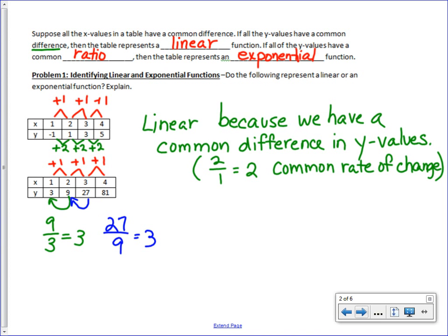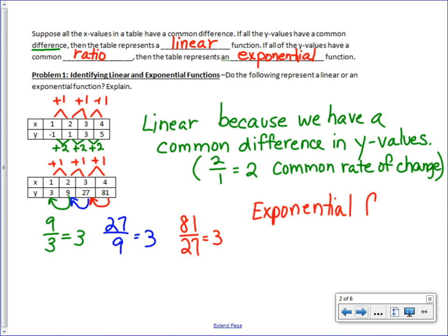All right, and just to verify, we're going to take our next ratio, which is 81 divided by 27, and that is equal to 3. So because we have a common ratio, we have an exponential function.